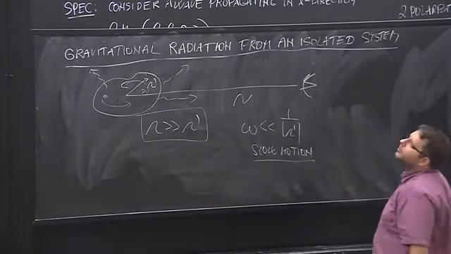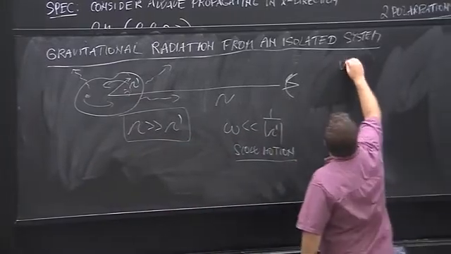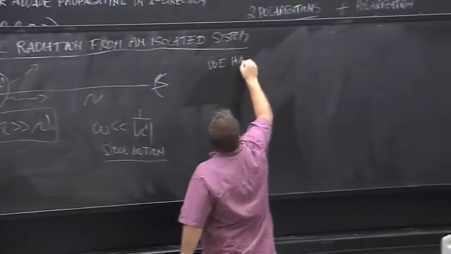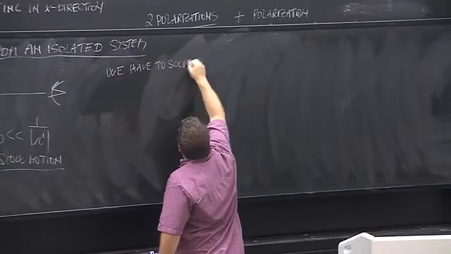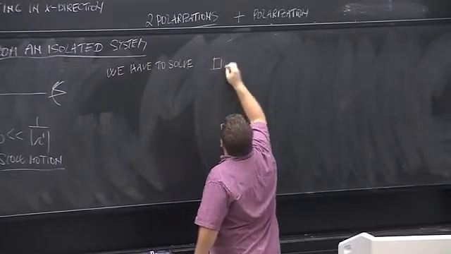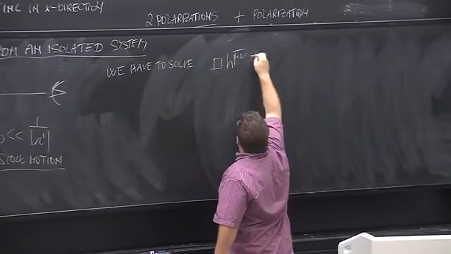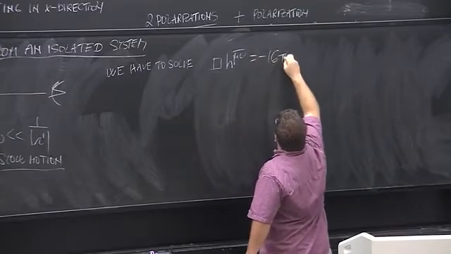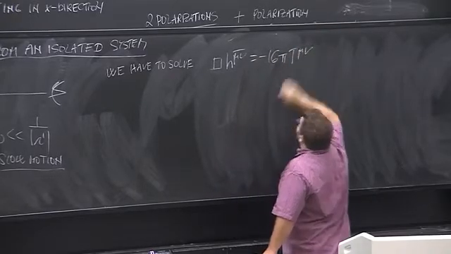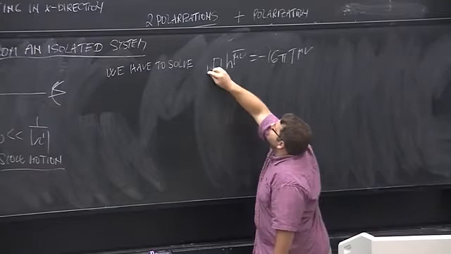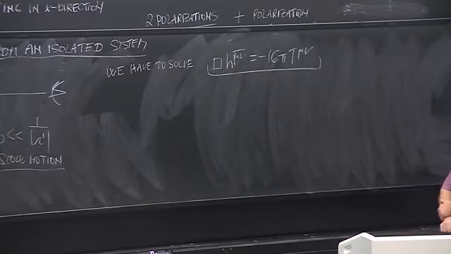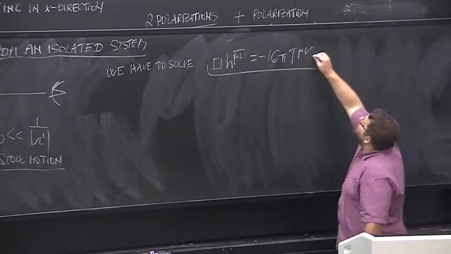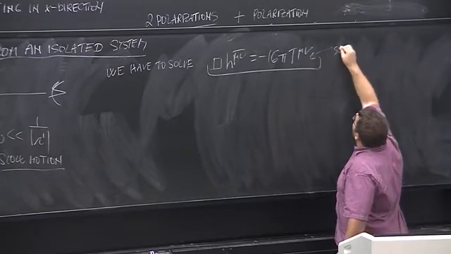So we have to solve the linearized equation, which is box on h mu nu bar equals minus 16 pi T mu nu. Again, we are doing that in linearized approximation, which is the first thing to do. But now we have to have a source. So the source is important.